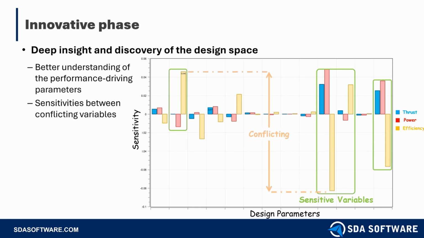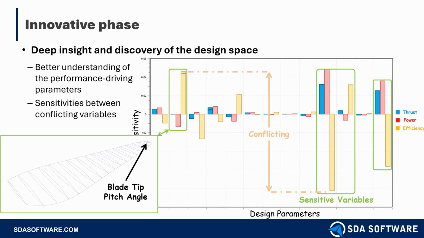Then it drives me to deep dive on what this parameter really is. Now, if I look at it, it's blade tip pitch angle. It makes sense as a high sensitivity that this design parameter introduces to this particular design. HEEDS doesn't just toss you the answer, but guides you along the way and builds your engineering intuition when you're using and leveraging it.